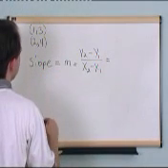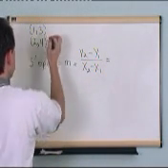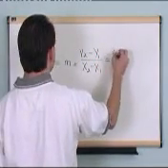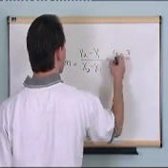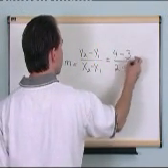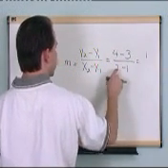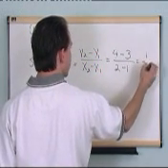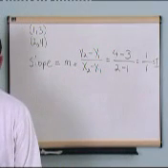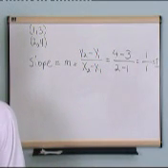So let's do that. Let's take y2, 4 minus 3 over 2 minus 1. 4 minus 3 is 1, 2 minus 1 is 1, so the slope of this thing is 1.